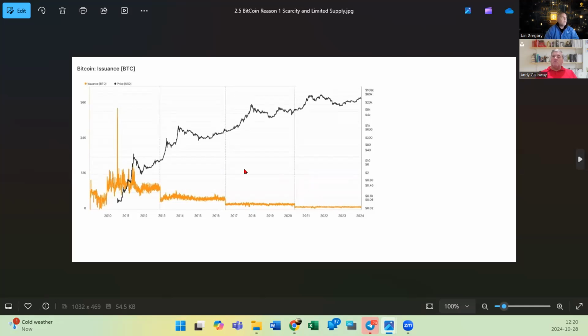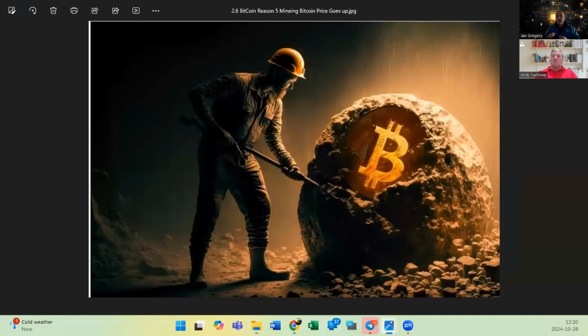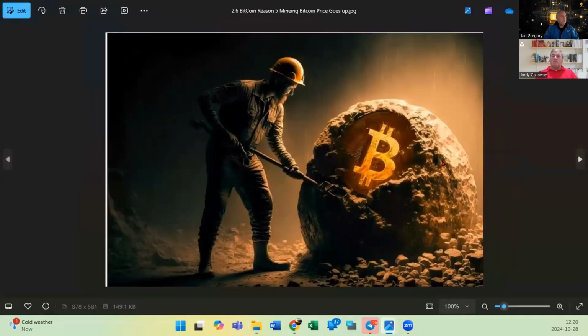At the same time, the demand for it is going up because people realize that it is truly an asset that is not controlled by any entity, any government, or any person. They can't manipulate it, and that's why it's a good store of wealth. Another reason is that you can transfer Bitcoin from one location to another very easily.